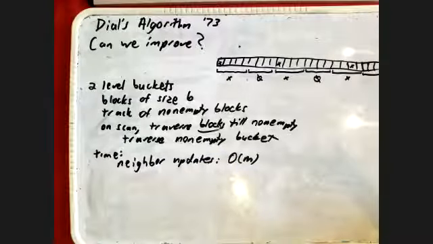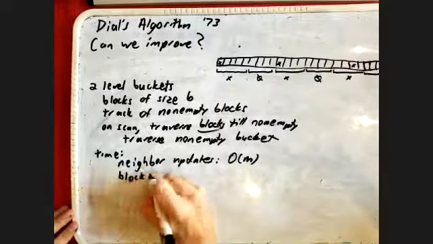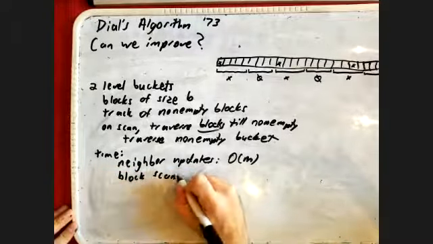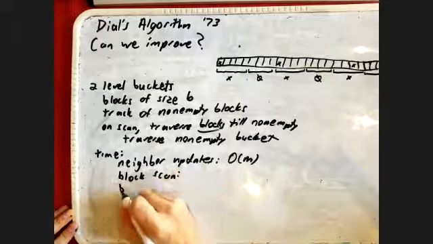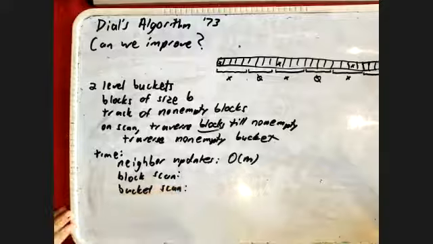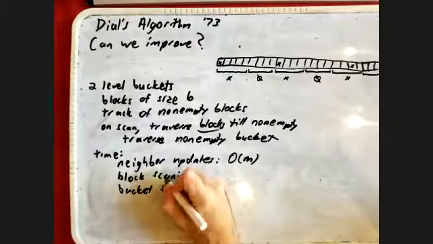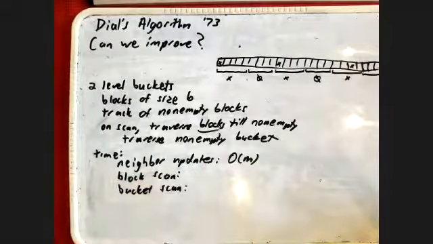But how can we analyze the bucket scanning cost? Well, let me divide it into two pieces. First, there's the block scanning. And then separately, I'm going to look at the bucket scans that happen after the block scans. Okay. So can anybody bound either of these? The work I spend on block scans or the work that I spend on bucket scans?